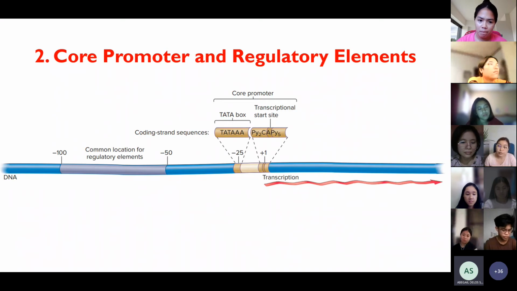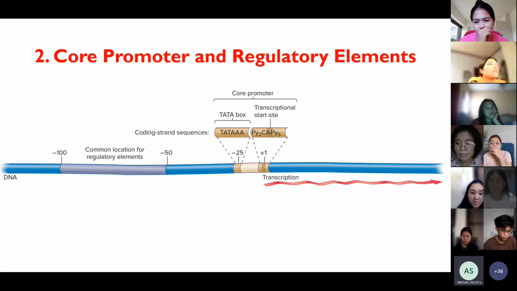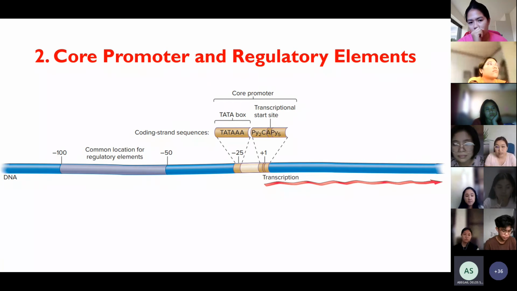We also have a core promoter and regulatory elements for eukaryotes. For the eukaryotic protein-encoding genes, there are at least 3 features found in most promoters. We have the regulatory elements, the TATA box, and the transcriptional start site. Here in the figure, it shows a common pattern of sequences that are found within the promoters of eukaryotic protein-encoding genes.